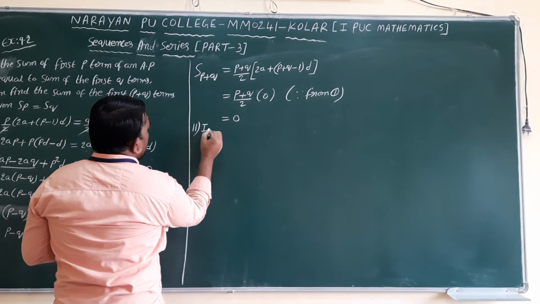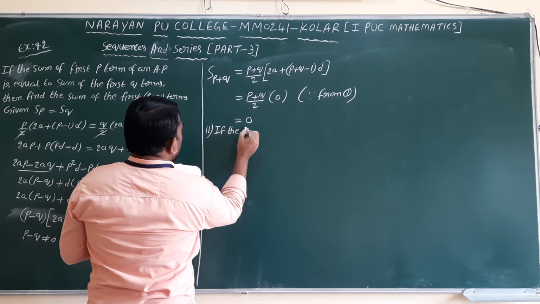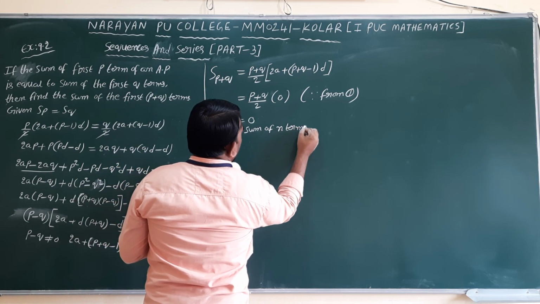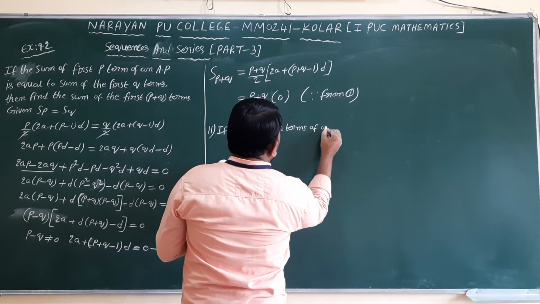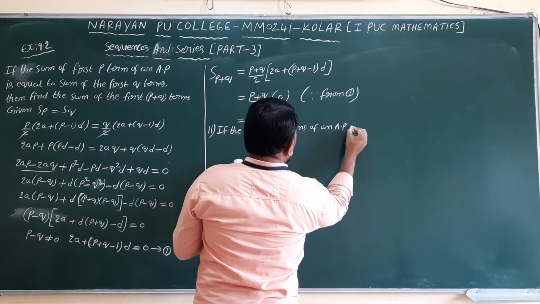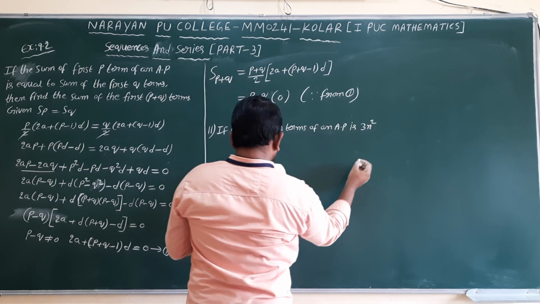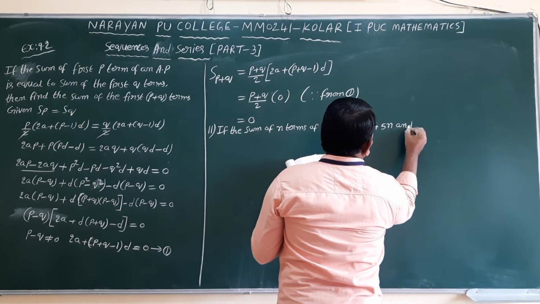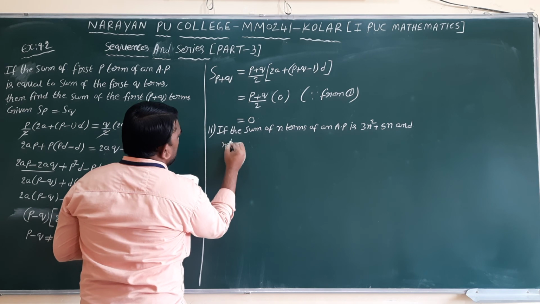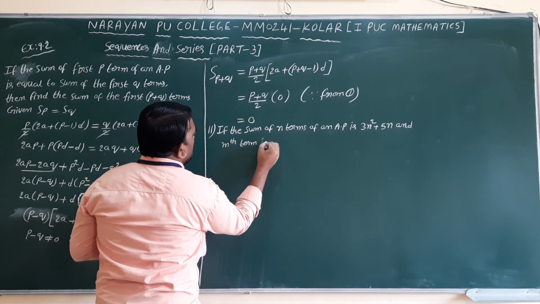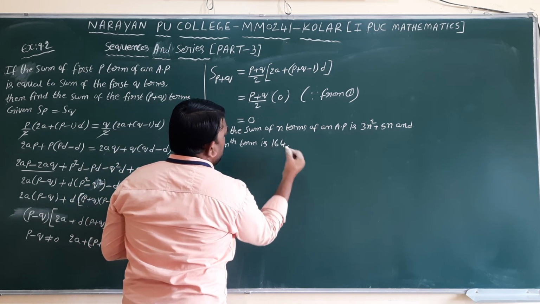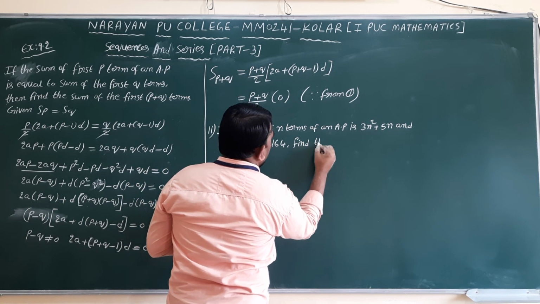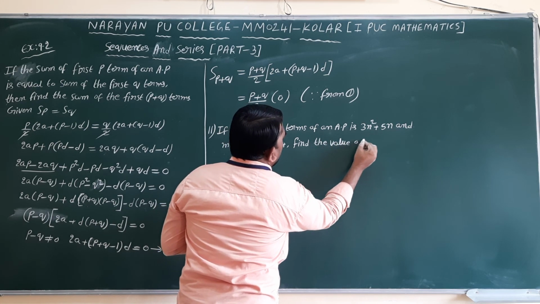If the sum of n terms of an AP is 3n square plus 5n and the mth term is 164, find the value of m.